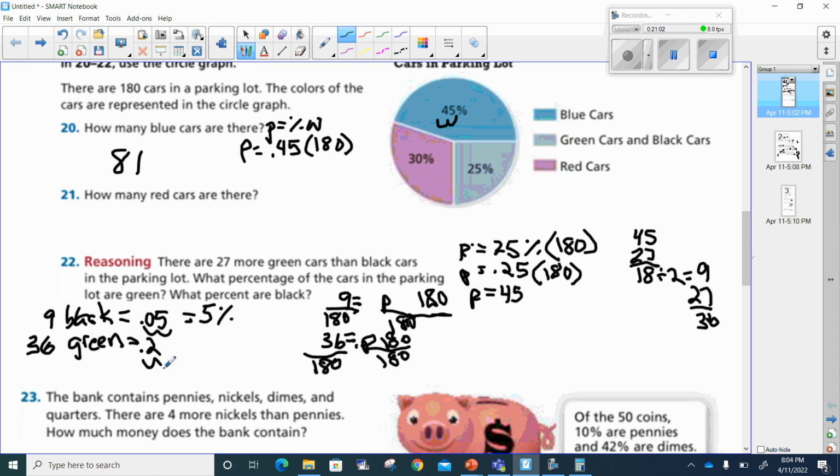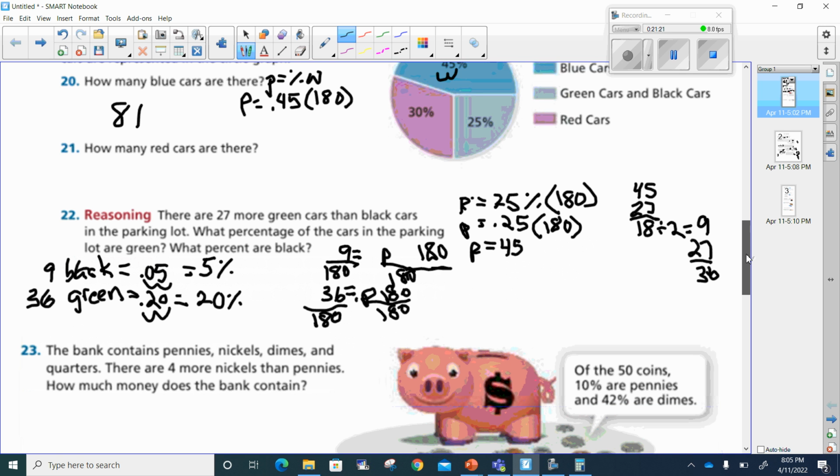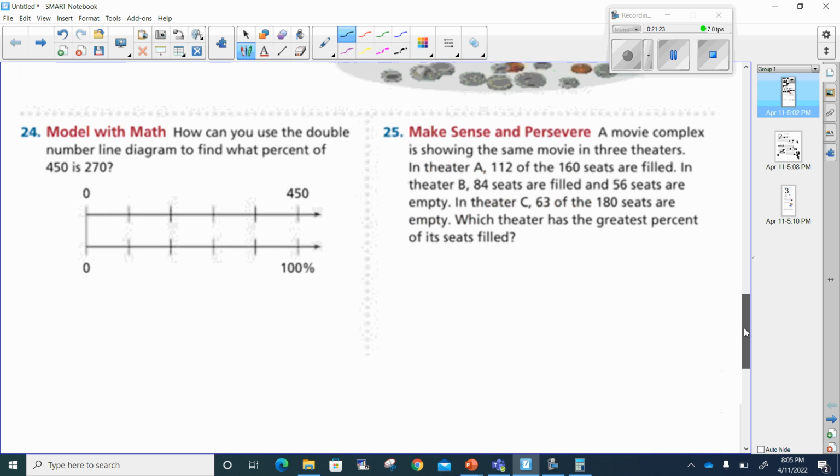Remember when I moved my decimal over twice? That's going to give me 20. So that'd be 20%. So that tells me 20% of the cars will be green and 5% will be black. All right, let's move to the next one, which will be number 24.